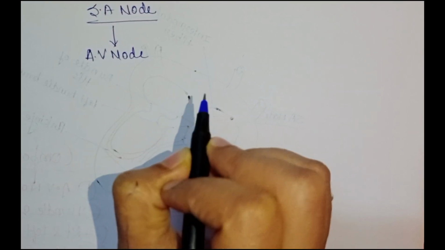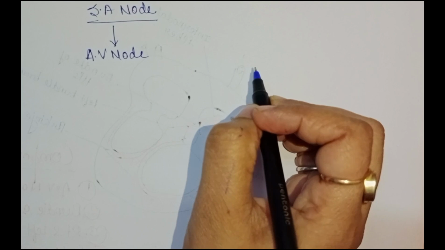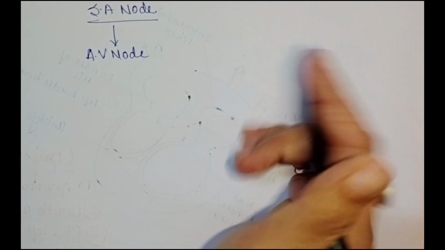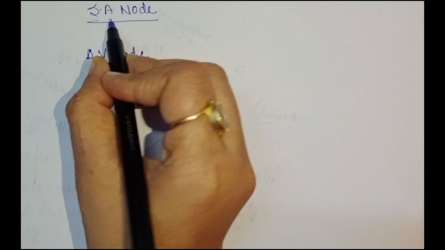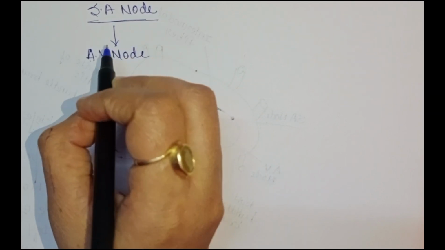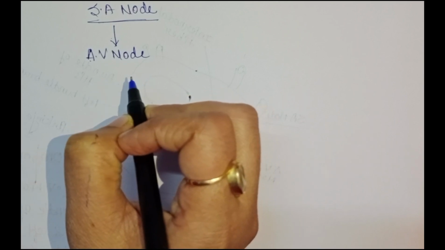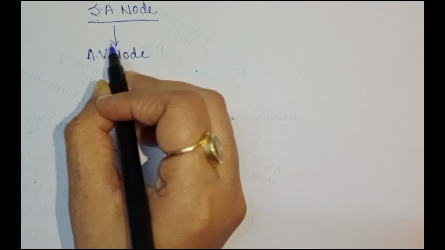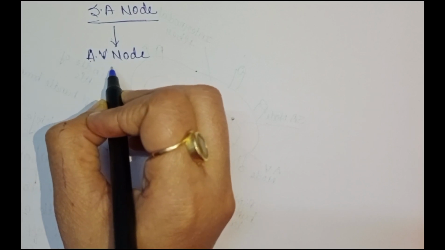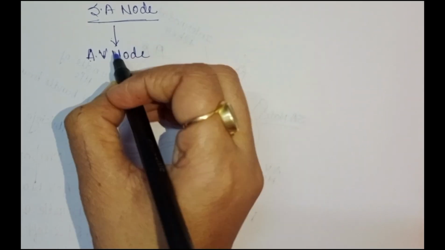AV node, as we saw in the diagram, is situated in the right posterior portion of interatrial septum. Now the impulse generated from the SA node is conducted to right and left atria and also reaches the AV node via some specialized fibers called internodal fibers.